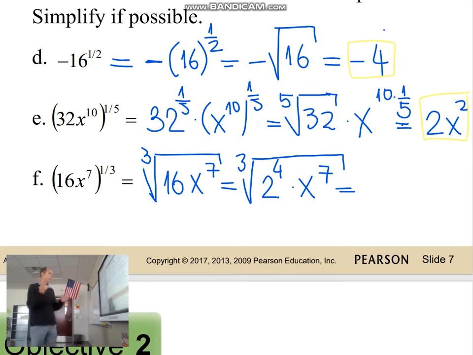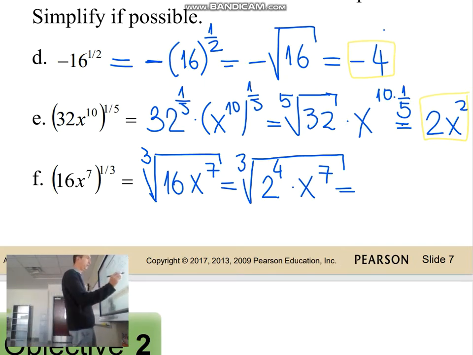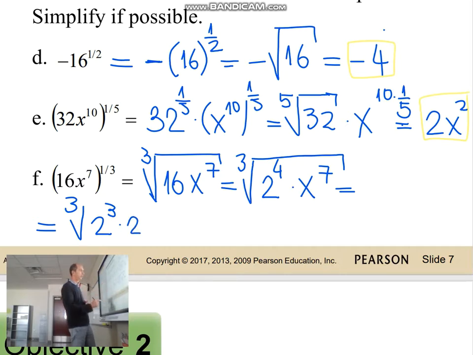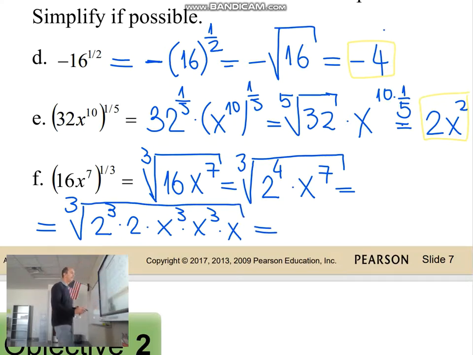We're going to see properties of exponents later. We can write this as, let me write here at the bottom, cube root of 2 exponent 3 times 2, this is to the fourth, and x exponent 3 times x exponent 3 times x. Just so you can understand.